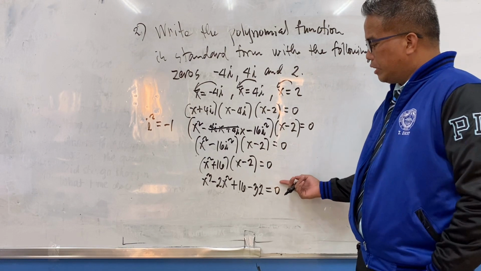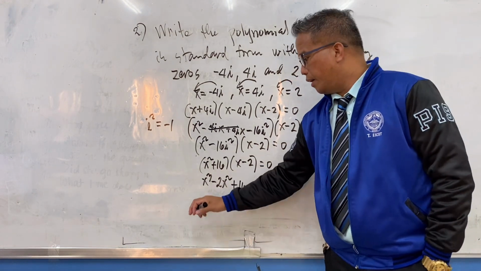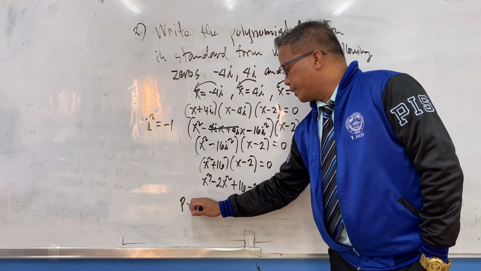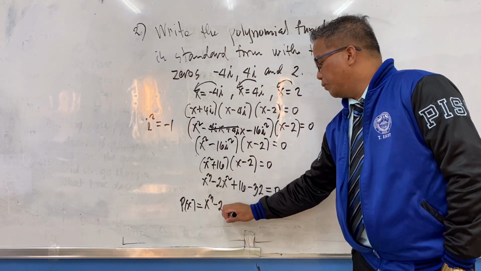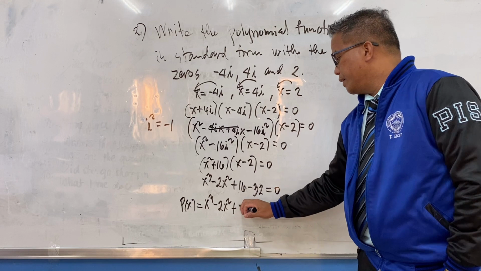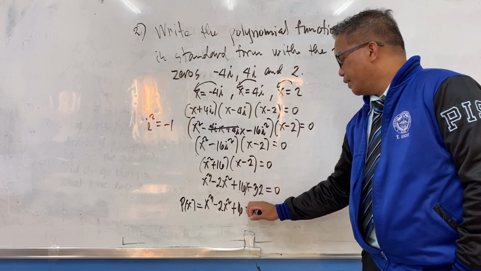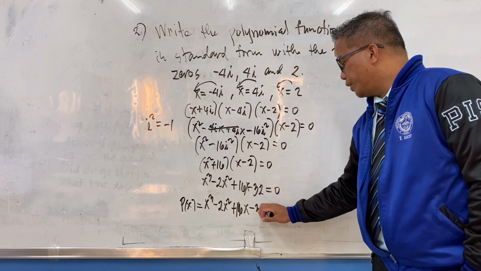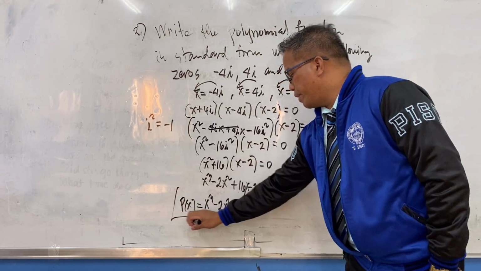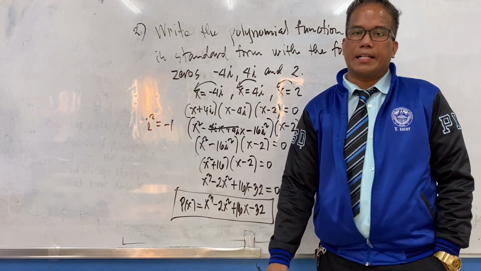Since we equated this to 0, we can use now p of x is equals to x cubed minus 2x squared plus 16x minus 32. So this will be your final answer.